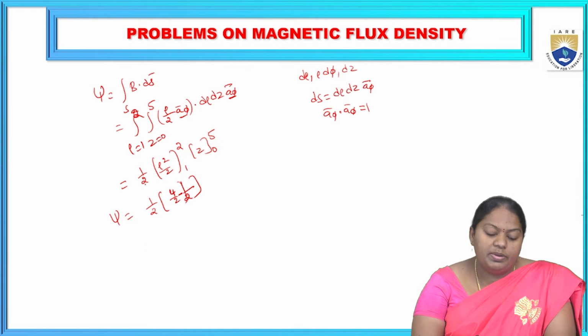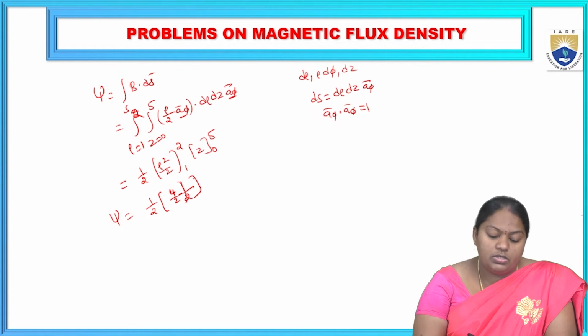Then if you substitute the upper limit as 2, 2 square is 4, 4 by 2, minus, if you substitute the lower limit as 1, then 1 by 2 into the z value 5 minus 0, which is equal to 1 by 2 into 4 by 2 minus 1 by 2, then it becomes 3 by 2 into 5.